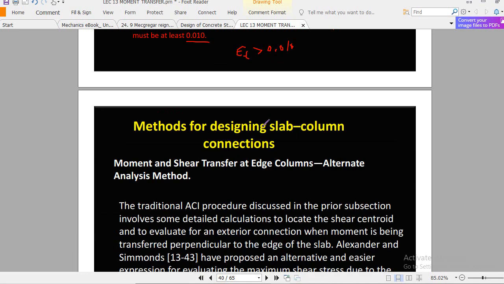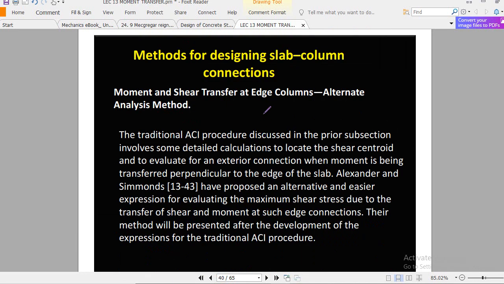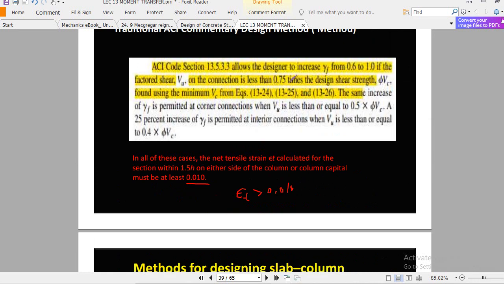It basically allows the designer to increase gamma f from 0.6 to 1, yes, this is important, if the factored shear Vu is less than 0.75 times phi Vc.